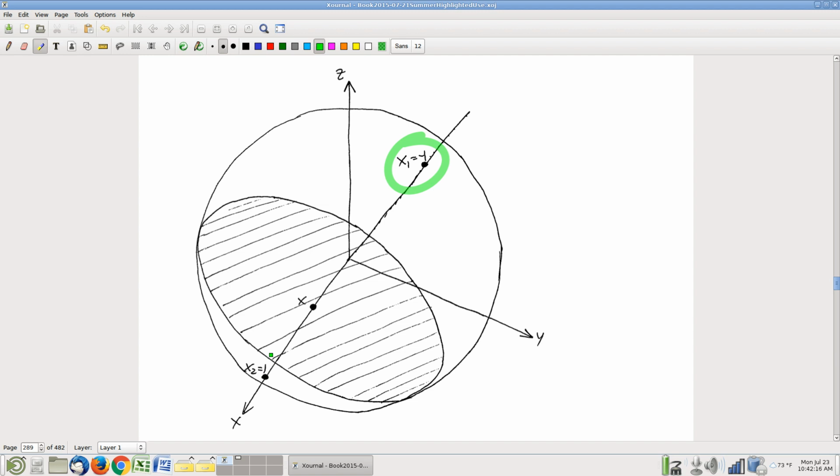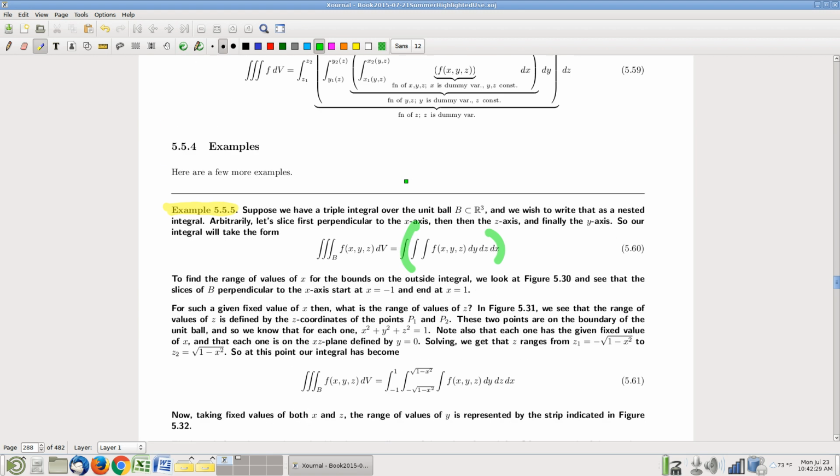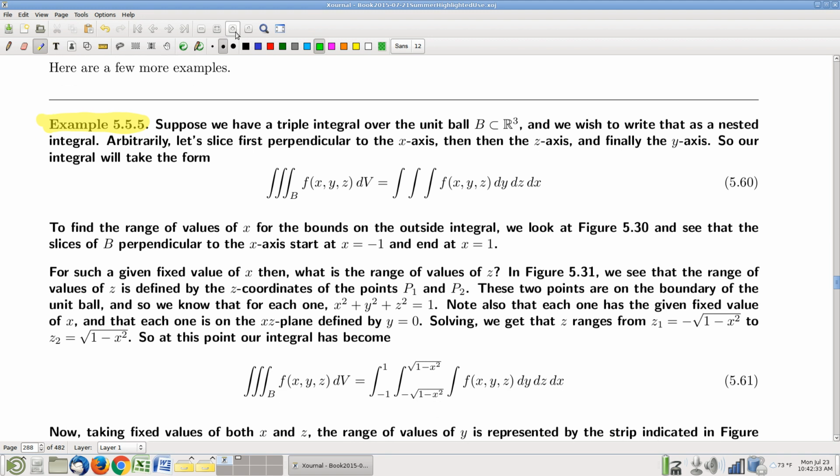Again, unit sphere, so this is where x is equal to plus 1. Having written down these bounds, x goes from negative 1 to 1.